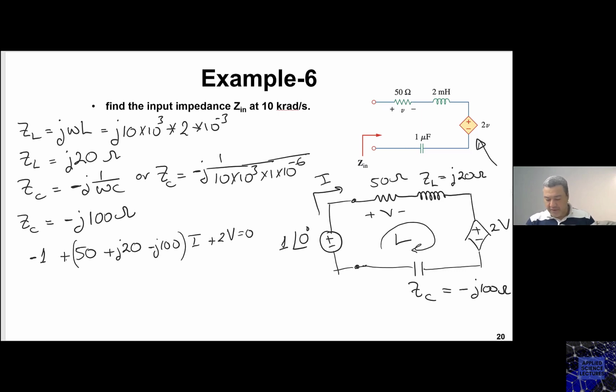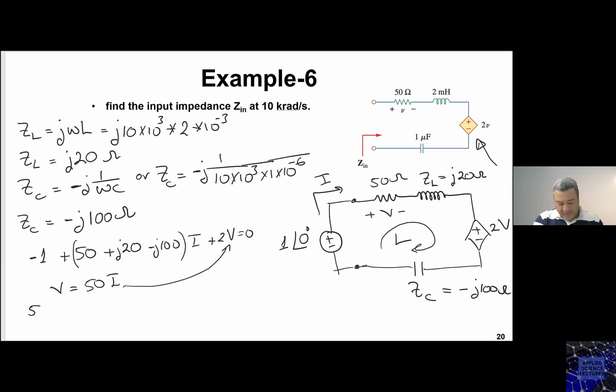Now this V is the voltage across the 50, so V equals 50 times I. So if you take this one and substitute here, take this minus 1 to the other side, what do we get?